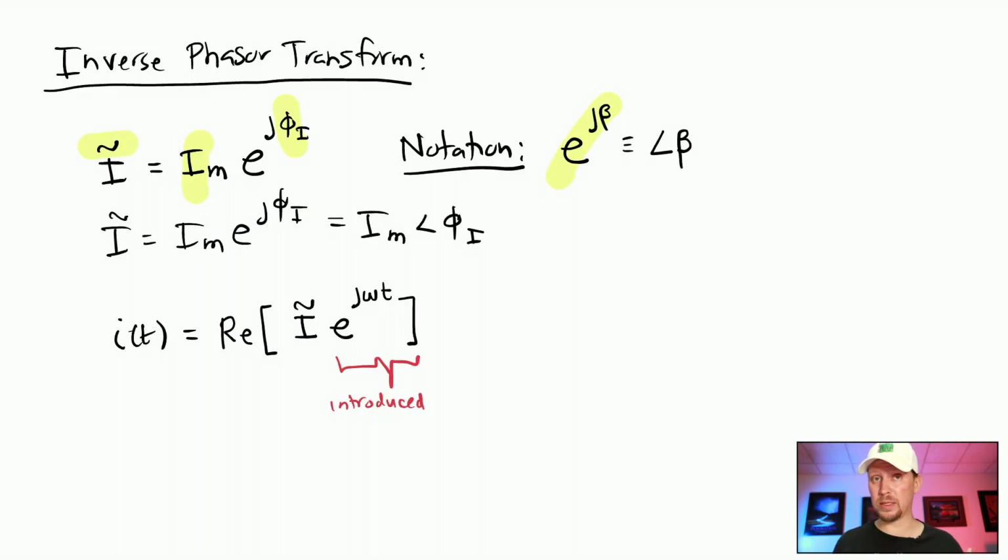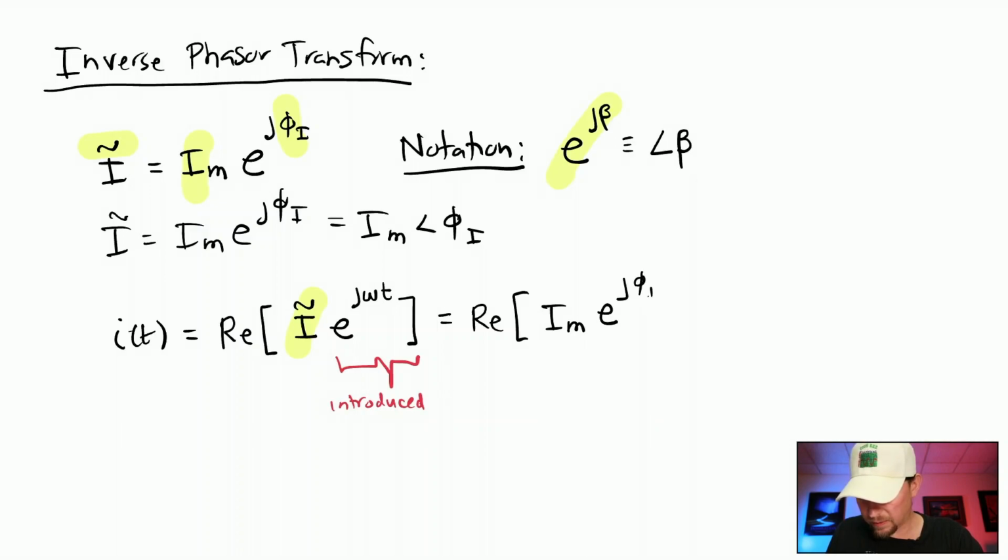It's something you need extra knowledge about the circuit to obtain. But to get the time domain portion is relatively easy. Remember that this phasor is shorthand for the magnitude, which is assumed to be real, times e to the j phi I. I still have to multiply by e to the j omega t, so this still carries along.